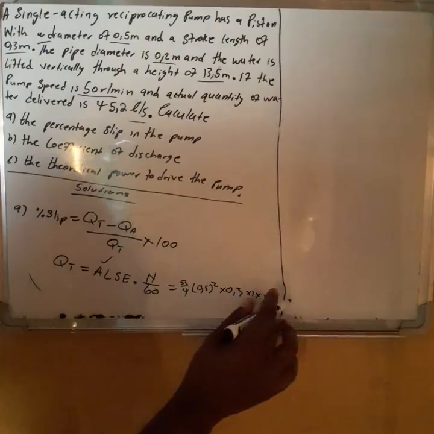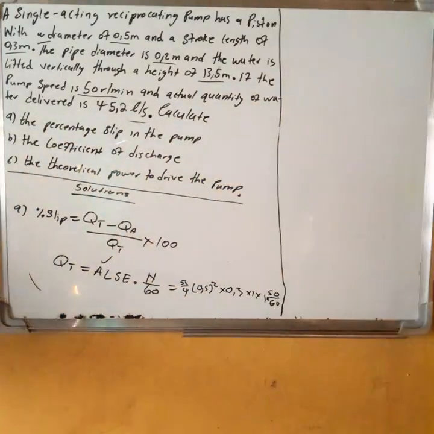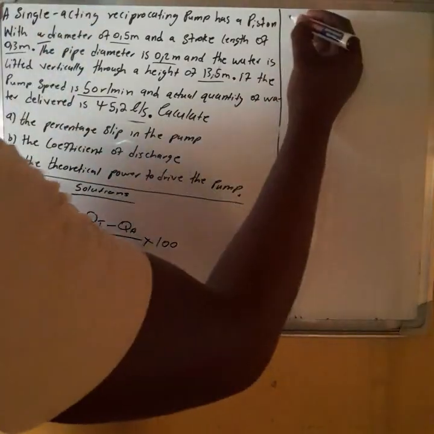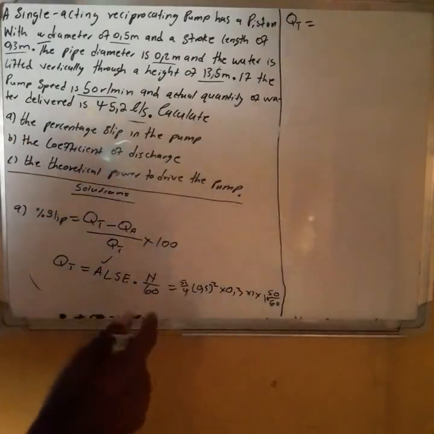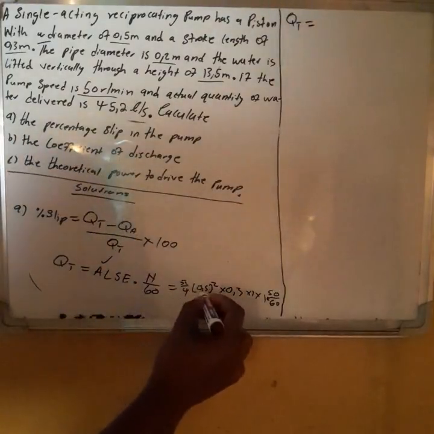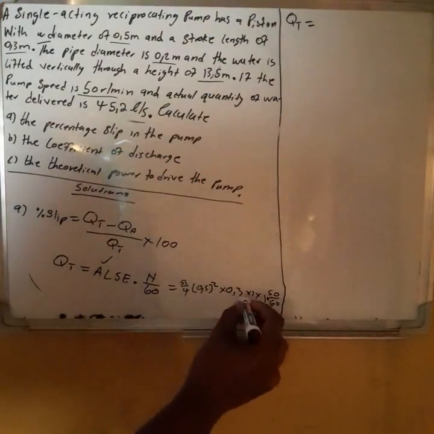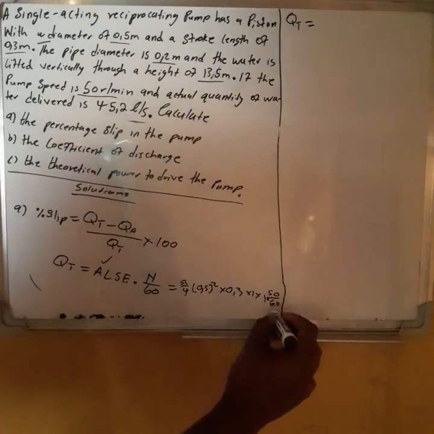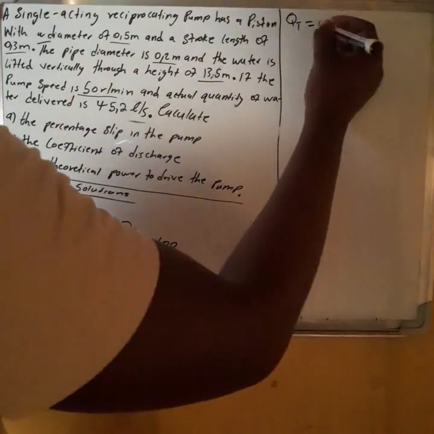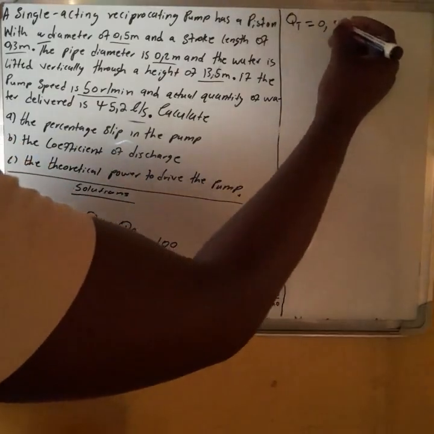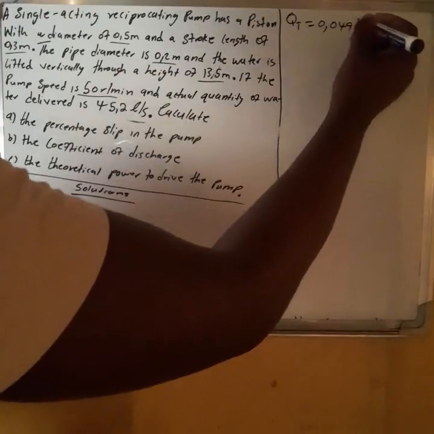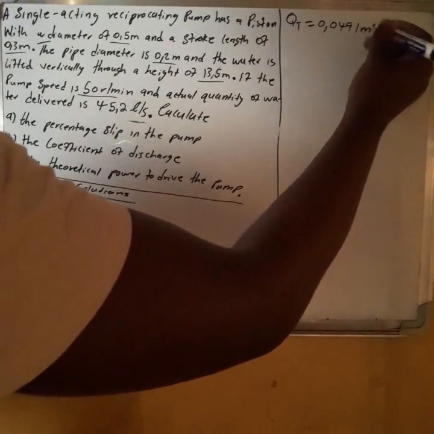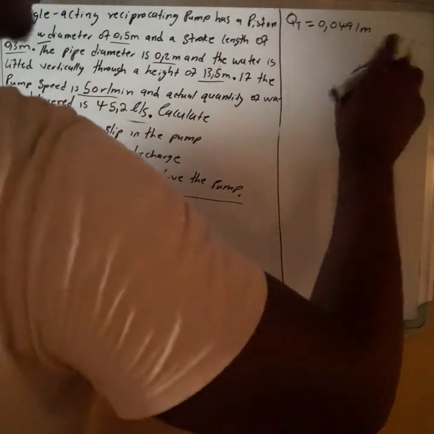When you punch your calculator, pi over 4 into 0.5 squared multiplied by 0.3 multiplied by 1 multiplied by 1 multiplied by 50 over 60, you get QT equal to 0.0491 cubic meters per second.